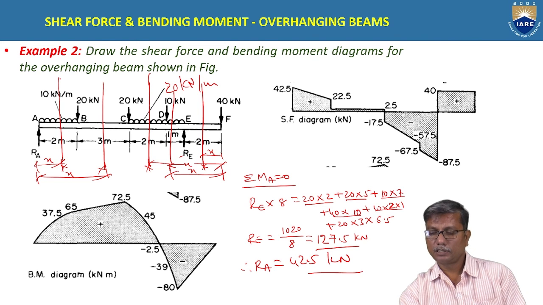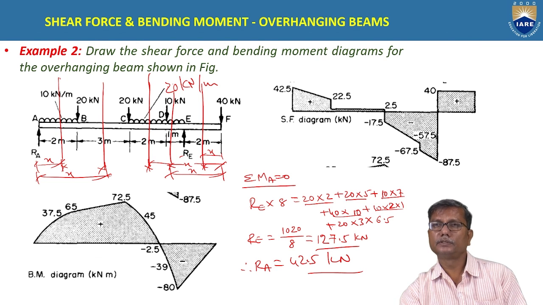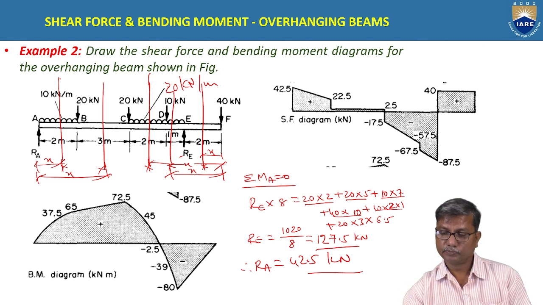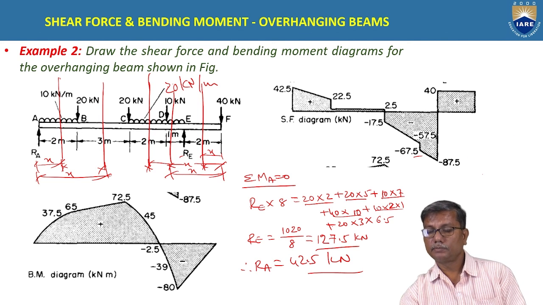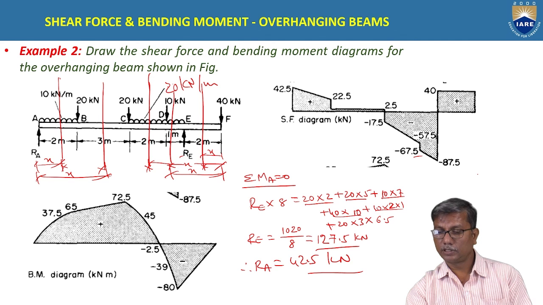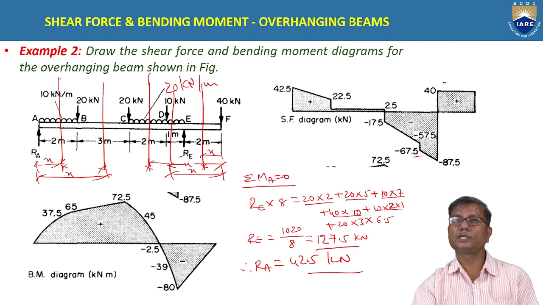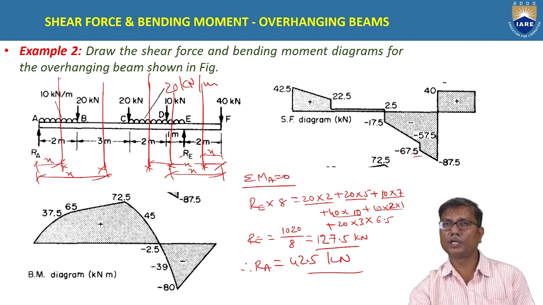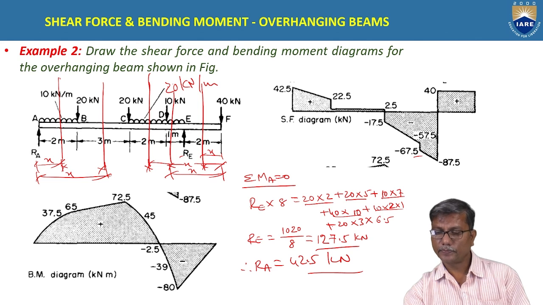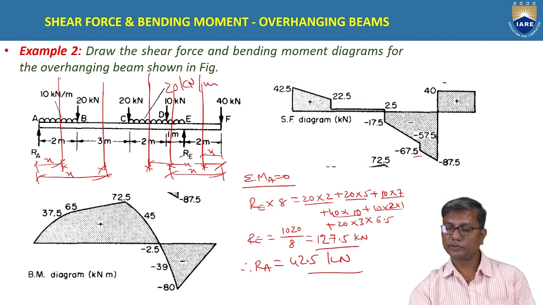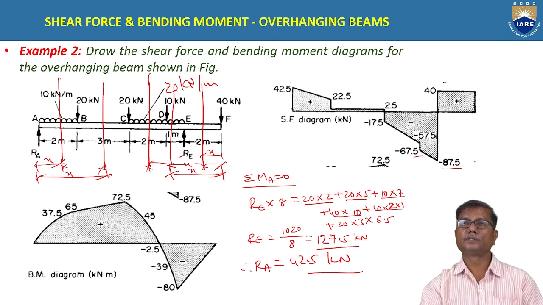Similarly, there is a sudden drop in shear force by 10 units at D, from minus 57.5 to minus 67.5. And again there is a uniform drop in the value of shear force by 20 units, 20 into 1 UDL, from minus 67.5 to minus 87.5.